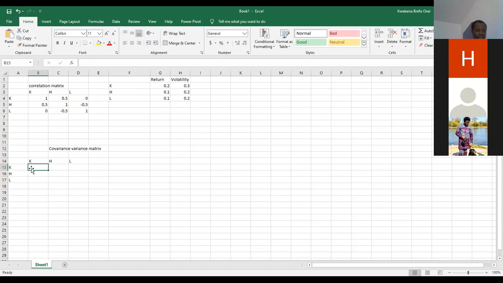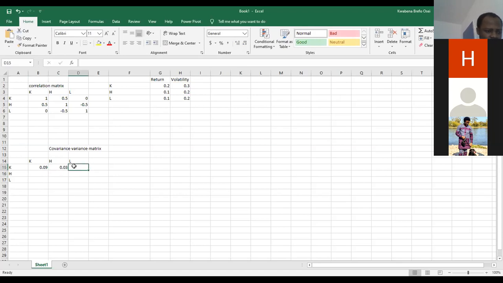So for K and K, the correlation is this times the volatility of K. Now I'm looking at K and H, which is the correlation between K and H, which is 0.25, times the volatility of K and the volatility of H.